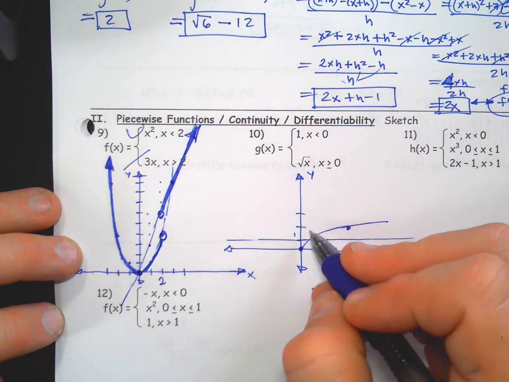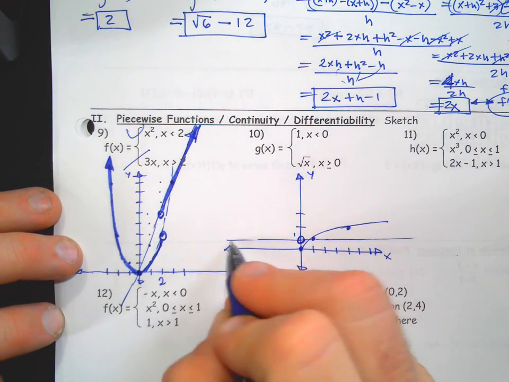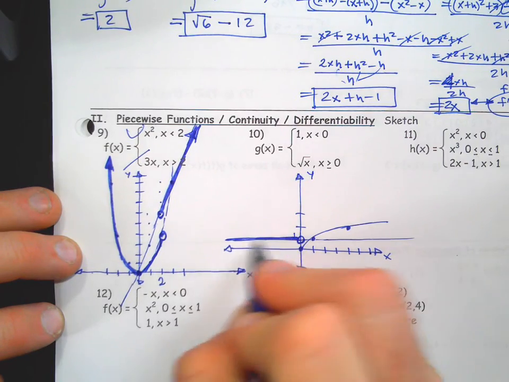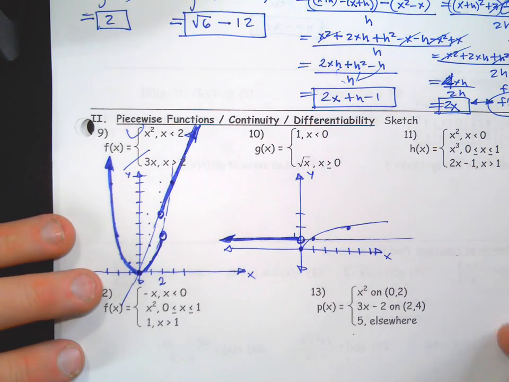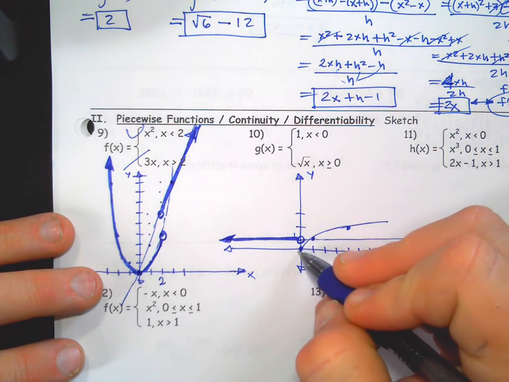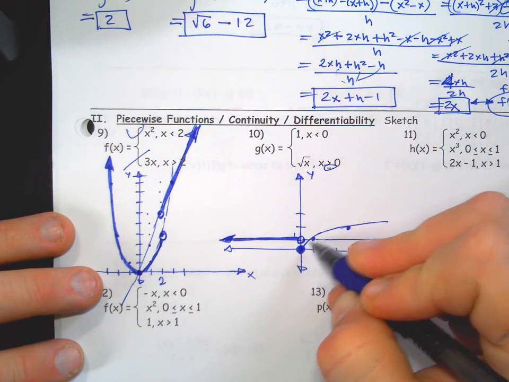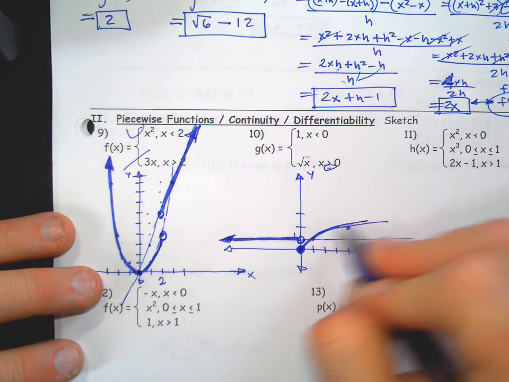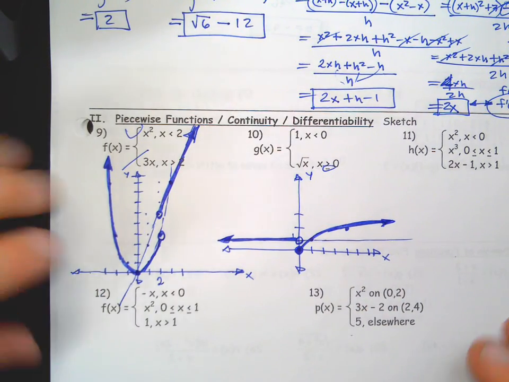At 0 is when it transitions. So it's going to be an open dot here, arrow to the left, and then a solid dot here because it's or equals to, and then everything to the right. So there you go. There's your piecewise graph.